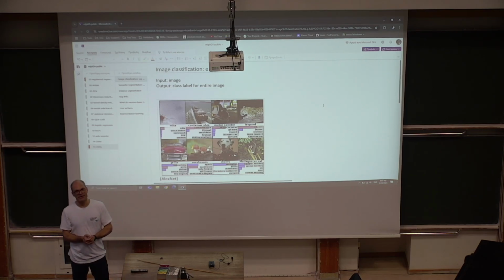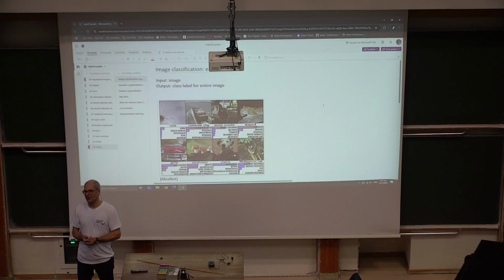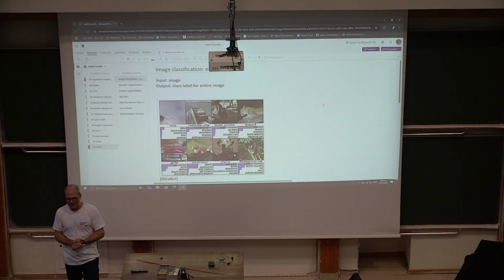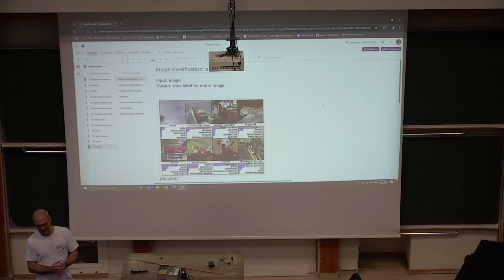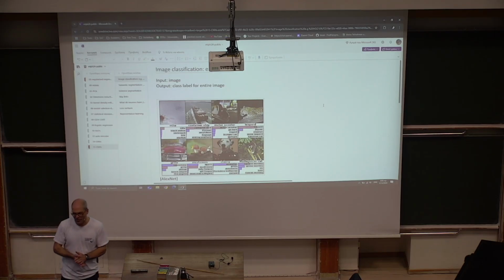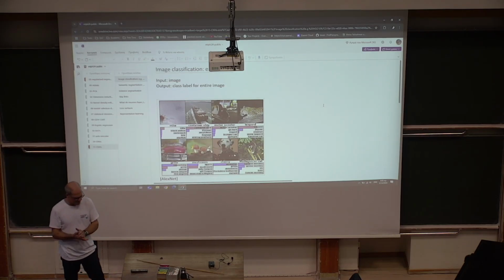On the one hand, the convolutional ones, which we started talking about last time, and then modern vision transformers, which, however, also use convolutional elements. And we will see many ideas that permeate modern machine learning.